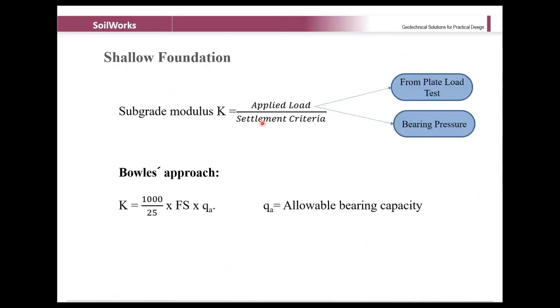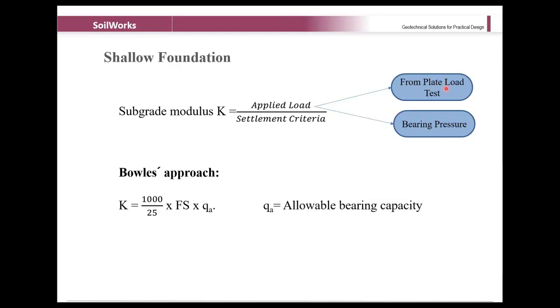For shallow foundations, let's say that we have a strip footing or an isolated footing. How the subgrade reaction, the subgrade modulus, can be determined is that we need to have an applied load. That might be from the plate load test. The plate load test is a very frequent approach used by geotechnical engineers in order to determine the resistance of the soil for a shallow foundation.